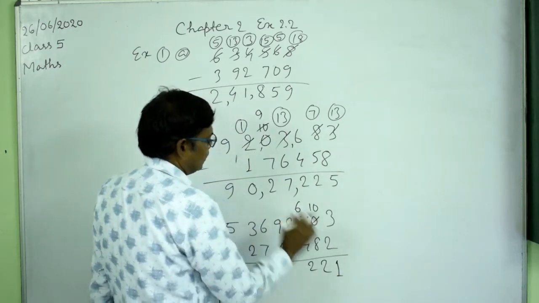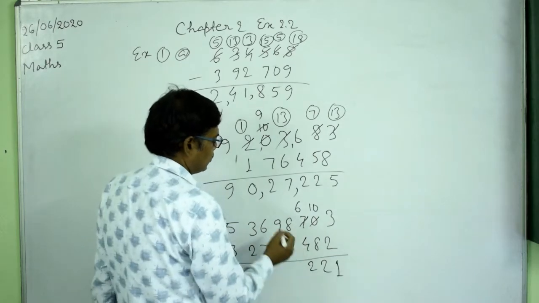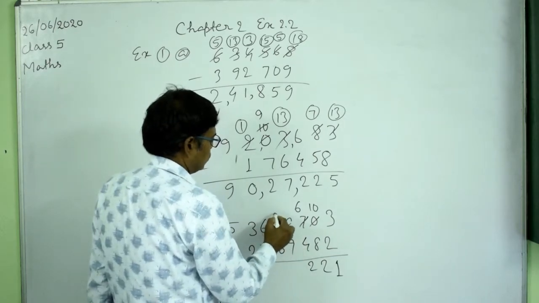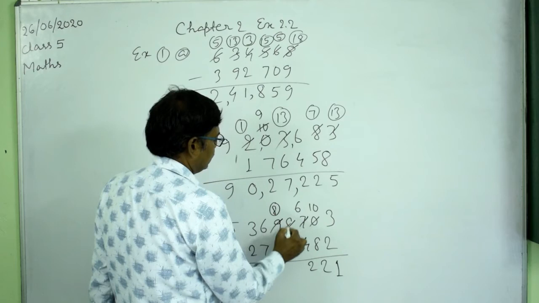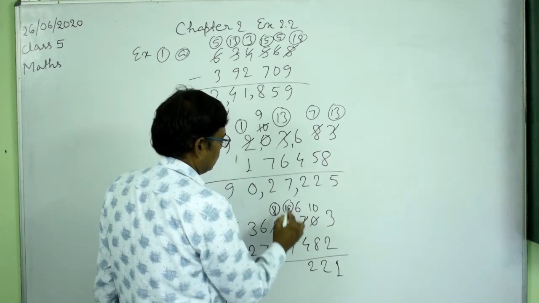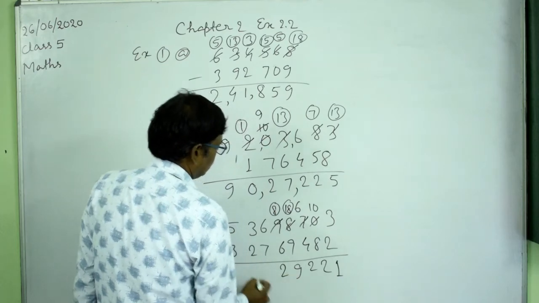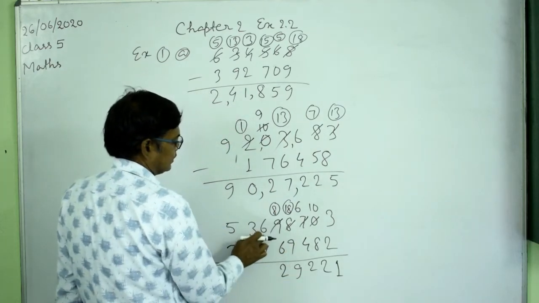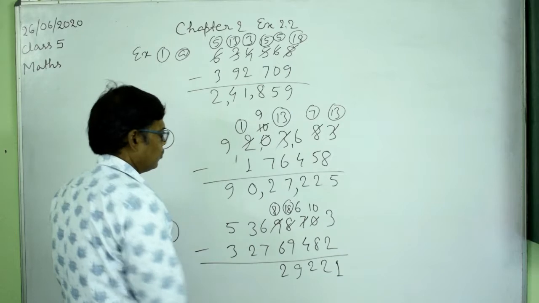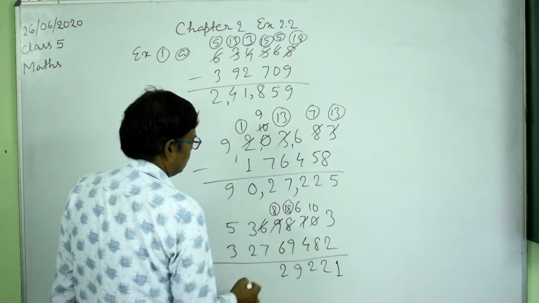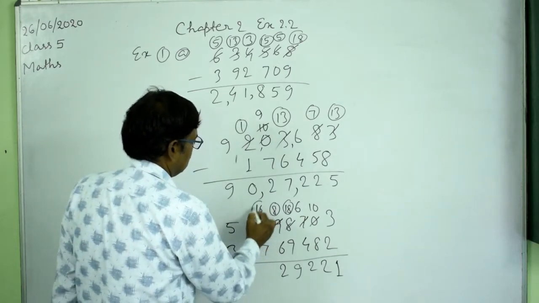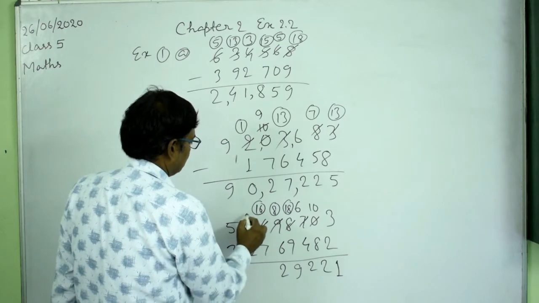And now here again 8 is less than 9, so borrow from this 9. So you will have 8 here, and you will have here 18. So 18 minus 9 will be 9, 8 minus 6 will be 2, and next here again 6 is less than 7, so we have to borrow from 3. So it will be here 16, and here it will be 2.